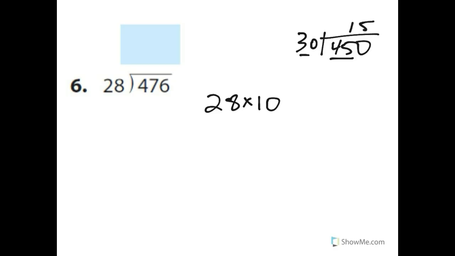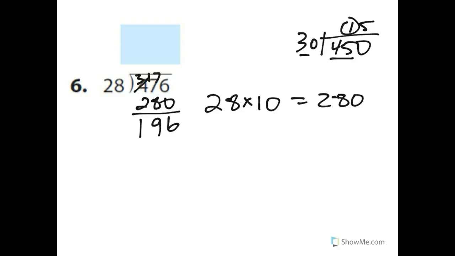So I'm going to use 10 or 1 as my first digit there. Right, so I've got 280. Well, let's subtract 280. Get 6. 17 minus 8 is 9. 3 minus 2 is 1. 196.